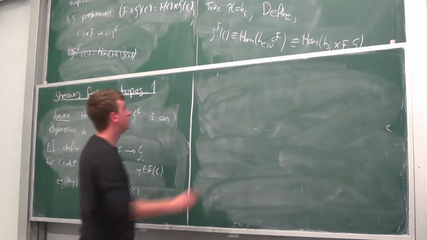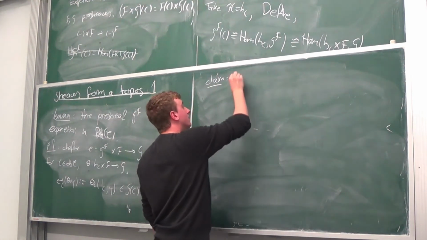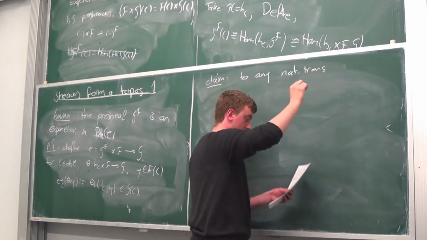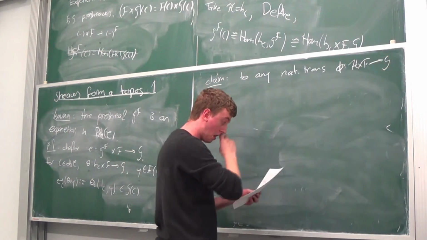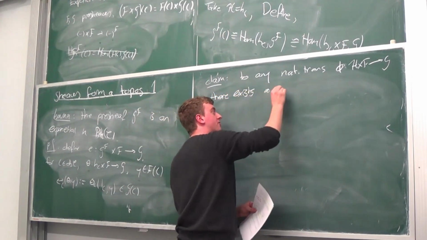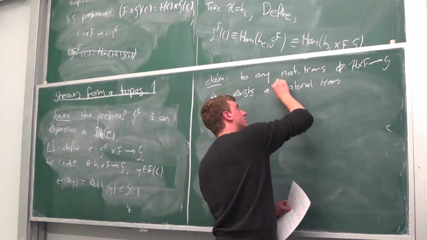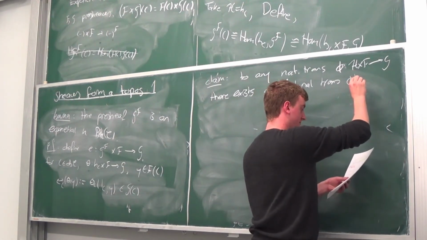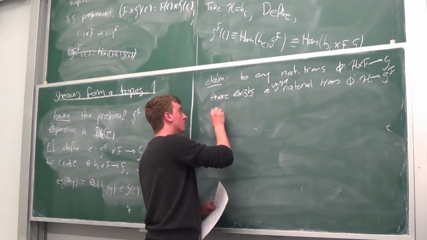Okay. So the claim is that to any natural transformation phi from H times F into G, there exists a unique natural transformation, thank you Dan, phi prime from H to this exponential, making the following triangle commute.